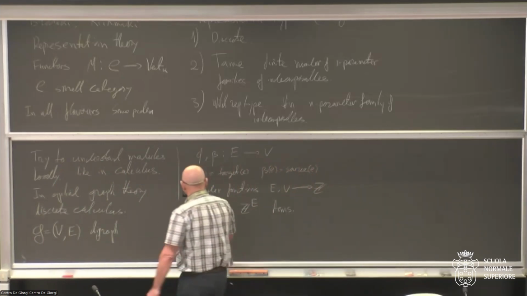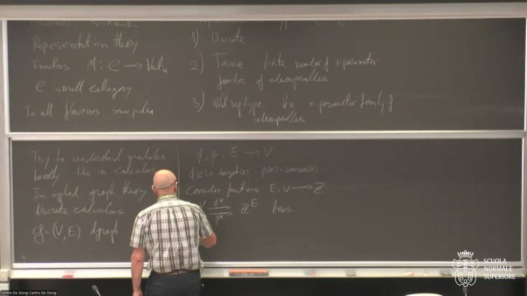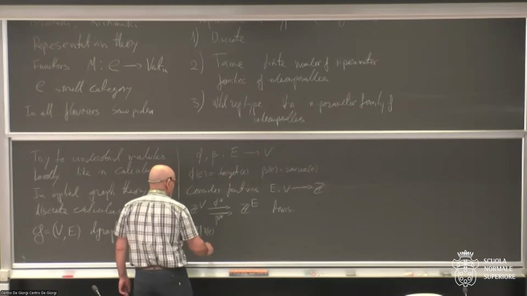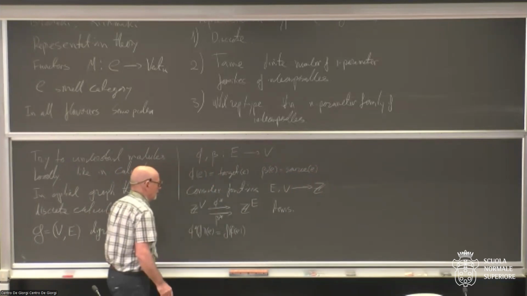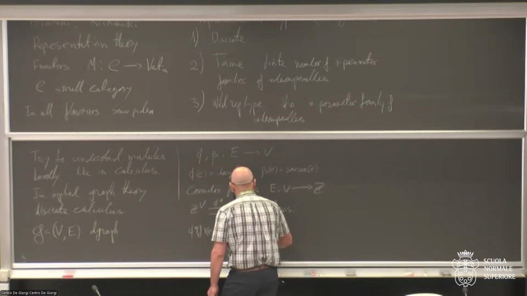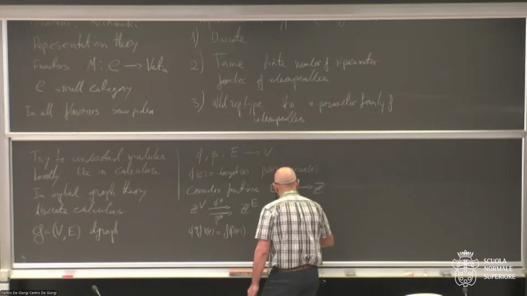Just to be sure, if I have a function f from V to Z, phi star of f of an edge e is simply f of the target of e, the front of e. And similarly, beta star of f of e is f of the source of e.